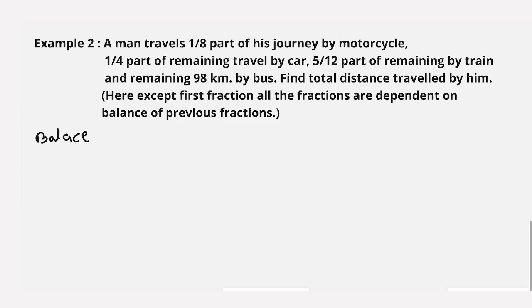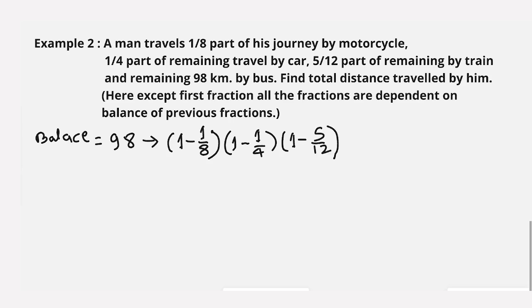Balance journey is 98 kilometers and its fractions are 1 minus 1/8, the first part traveled by him, and 1/4 of remaining. So I write it as 1 minus 1/4, and third fraction is 5/12 part of remaining. So I write again it as 1 minus 5/12. Here first part is independent and all other parts are dependent on previous fractions. So first part is 1 minus 1/8.